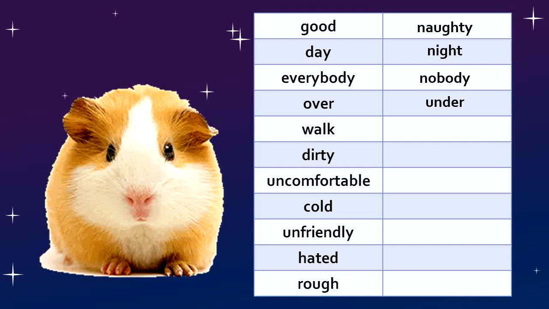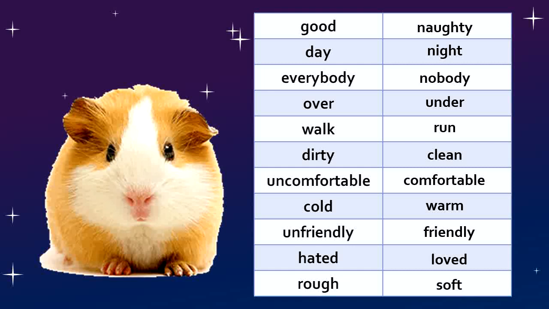For walk, the opposite will be run. For dirty, it is clean. For uncomfortable, it is very easy, comfortable. For cold, it is warm. For unfriendly, it is friendly. For hated, it is loved. For rough, the opposite is soft.